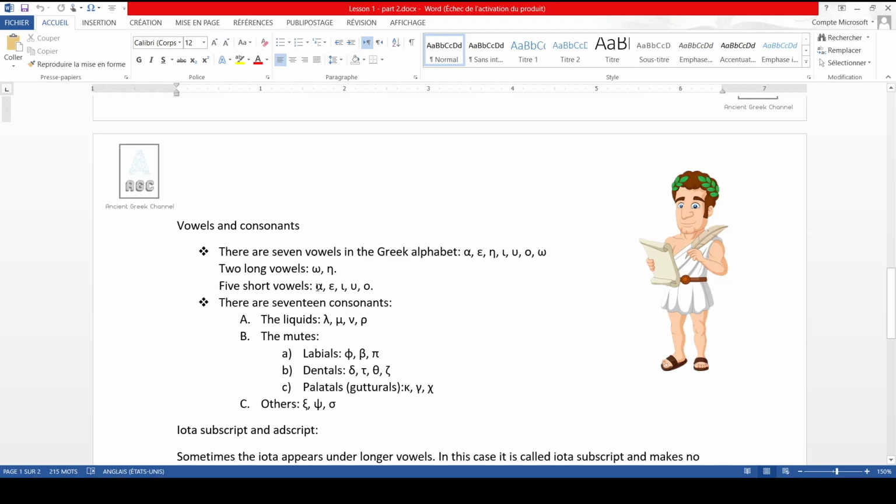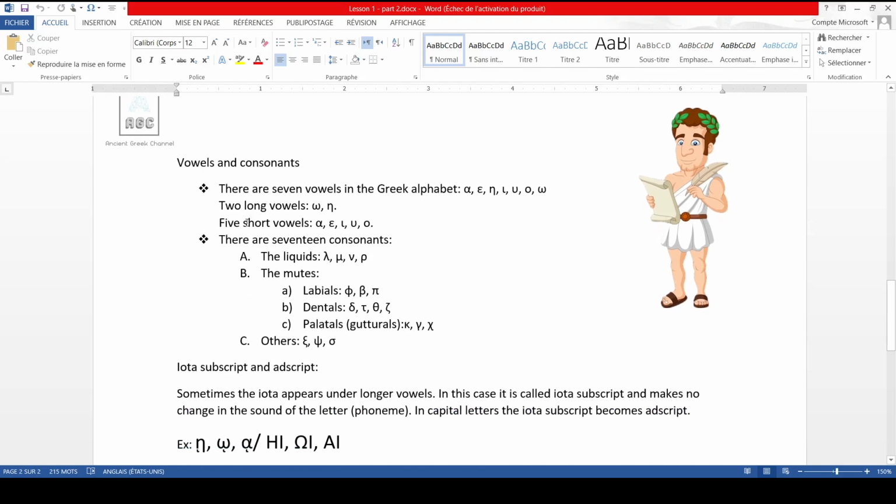It's important for me to notify you that alpha and iota are normally used as short vowels, but in some particular cases, they might be used as long vowels. You will know a little bit later in which case we can have alpha and iota as long vowels.